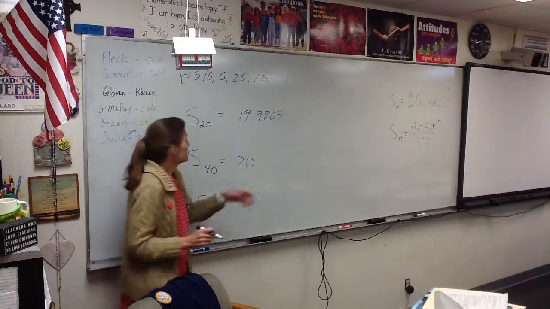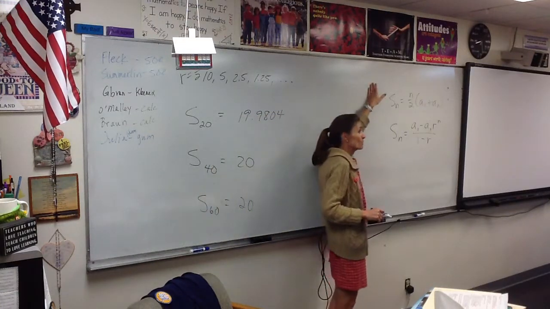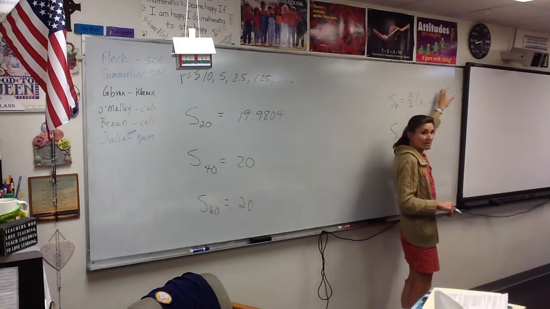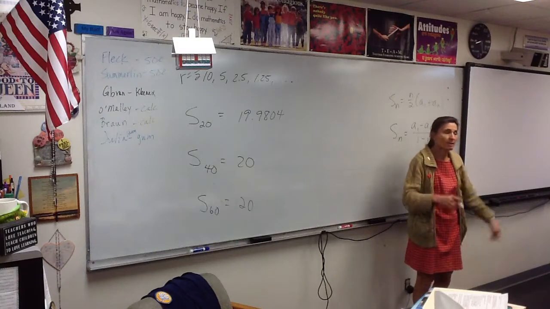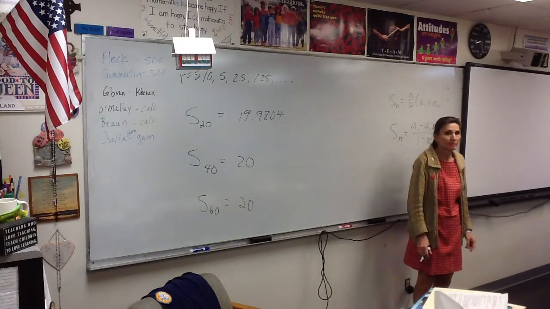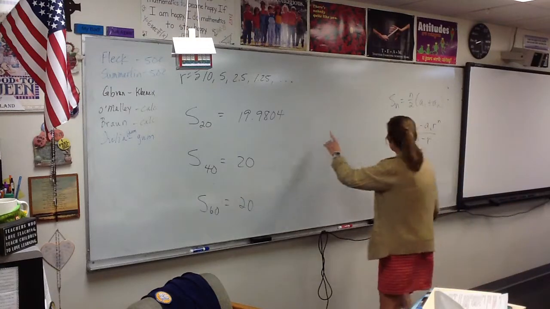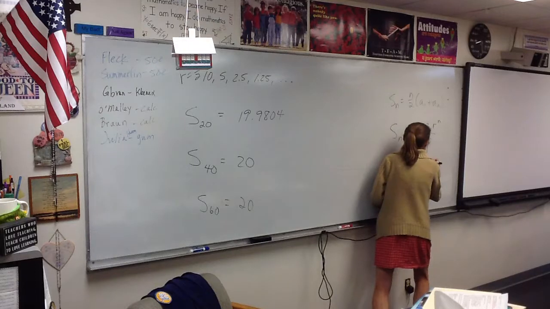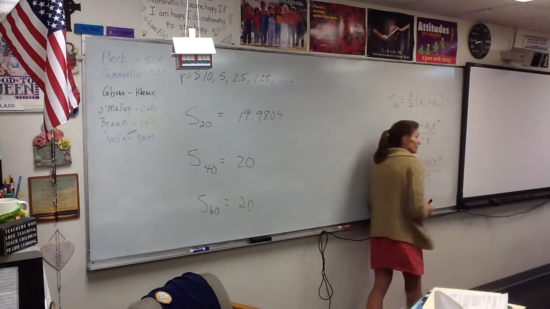Think about it. When we added up 40, so extend your list, when you added up 40 of them, you got 20. How can you add in 20 more terms and still get 20 as the answer? Can anybody explain that to me? They cancel each other out. What's happening, kids, is this. You are saying 10 minus 10 times 0.5, or 1/2, to a higher and higher power.